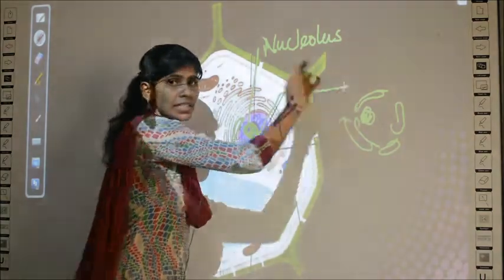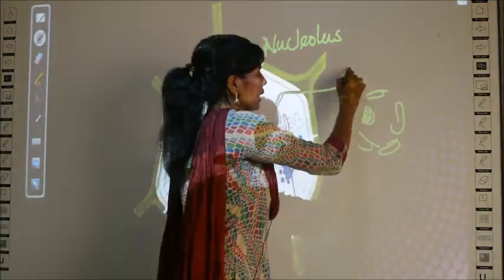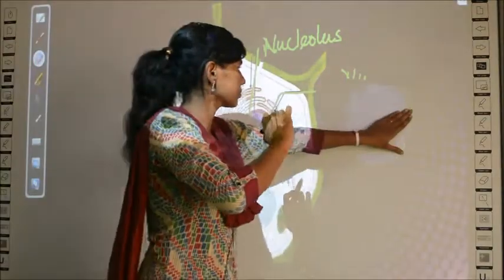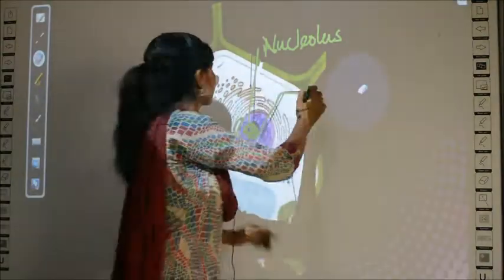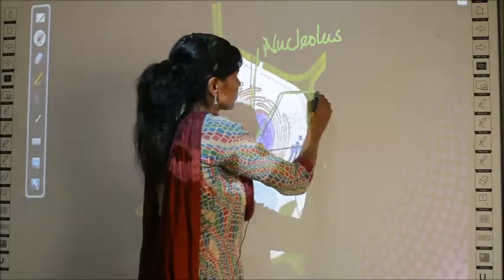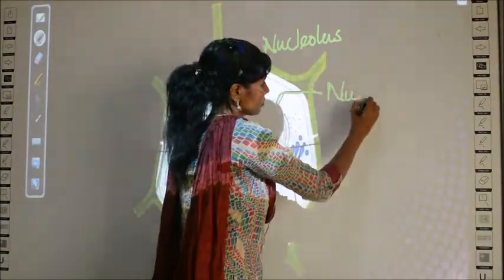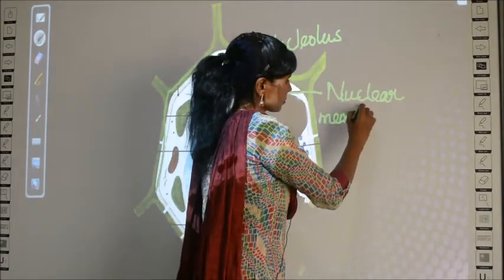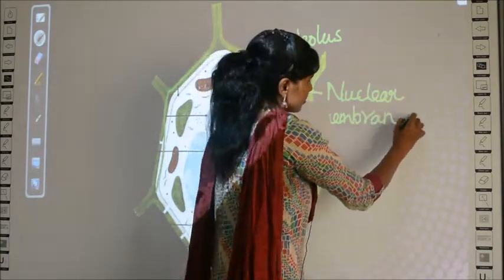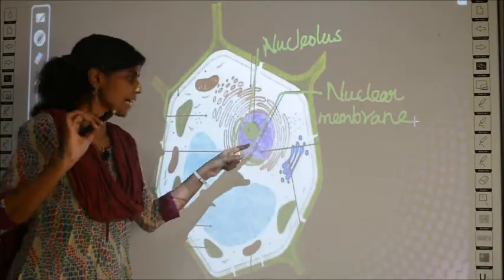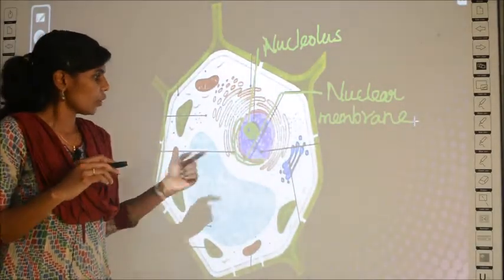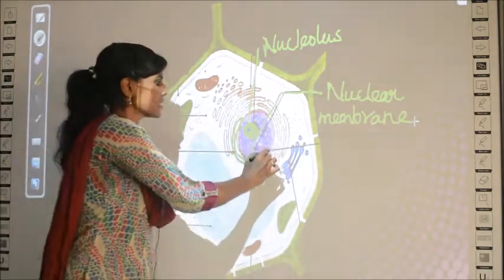So the membranes covering the nucleus are called the nuclear membrane. So, the nucleus has the nucleolus and the nuclear membrane, and also you have some liquid.